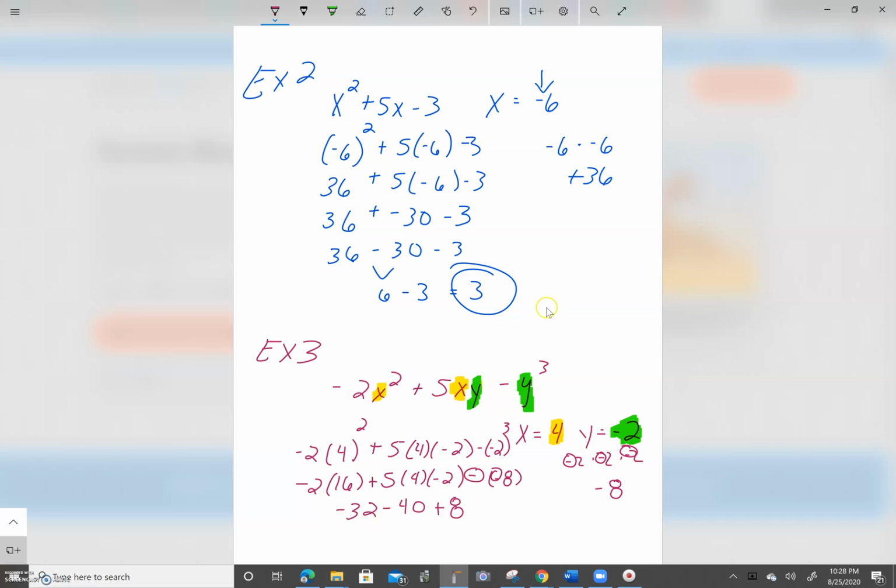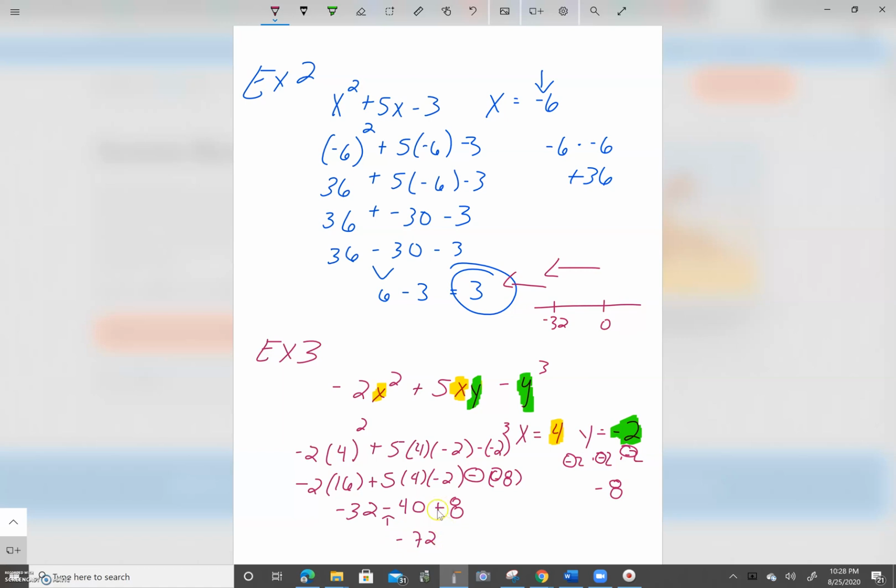-32. If you're on a number line, I always think about it like this. Negatives are just direction. Let's say zero is here. -32 just means we are going left of 0. So let's say we're starting at -32. And then remember, negative means left. We go left 40 more. So I need to go 40 more left on the number line, which will give me an even bigger -72.